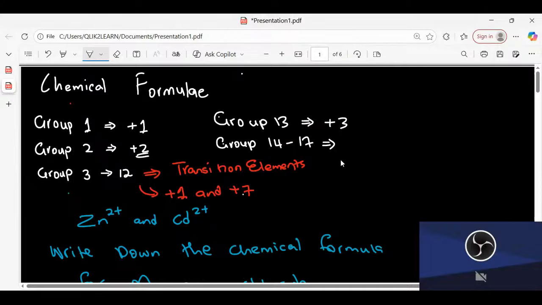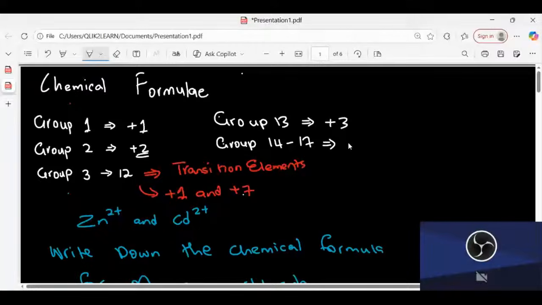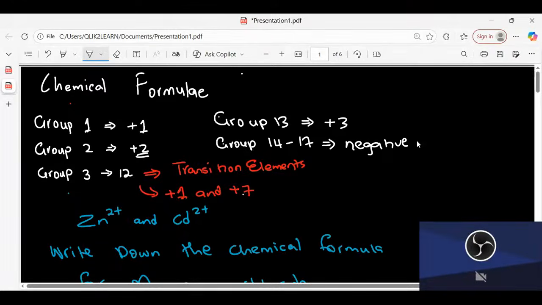I hope you guys understand what I'm trying to say here. So how do we find the ions? The charge will be equal to 18 minus the group number. Please don't panic, I'm going to explain this when we do an example.